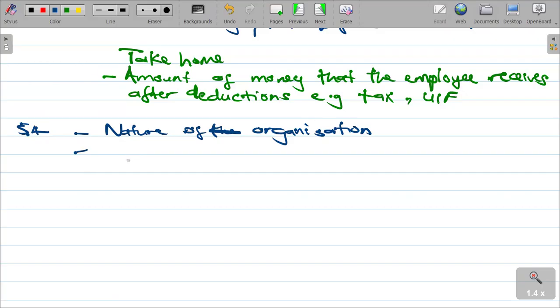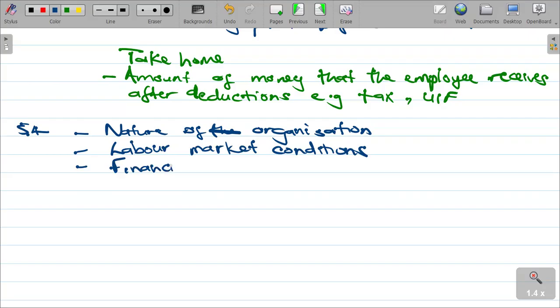2, the labor market conditions. 3, the financial position of the organization.